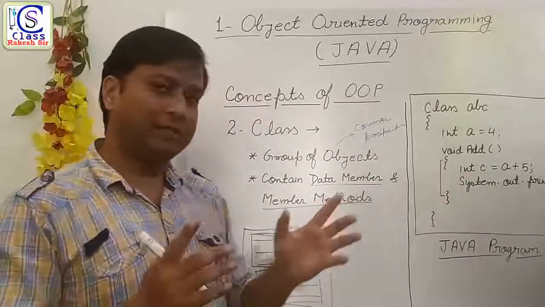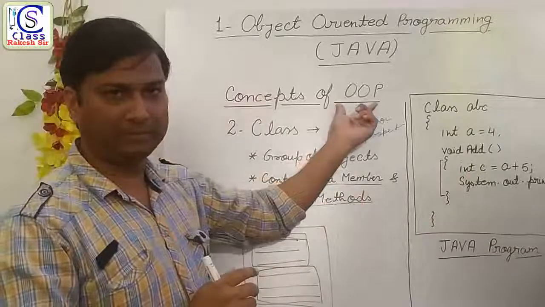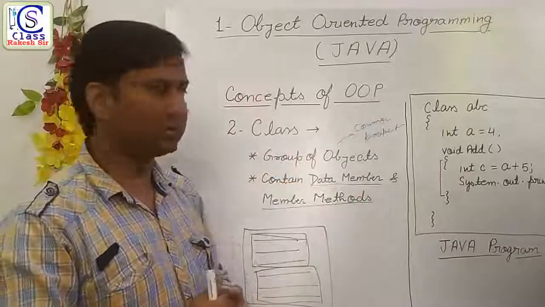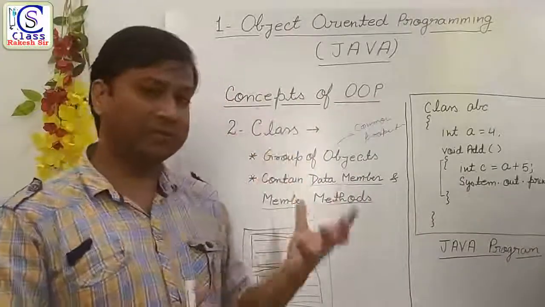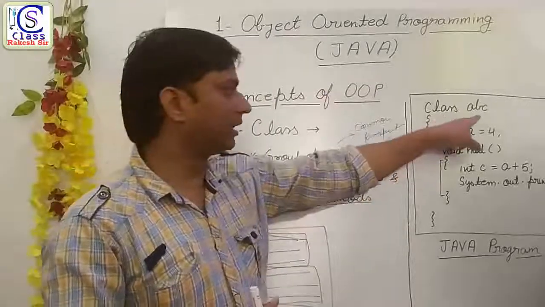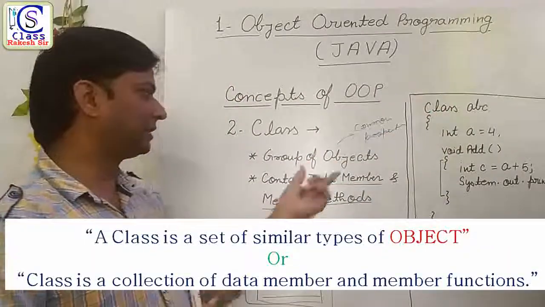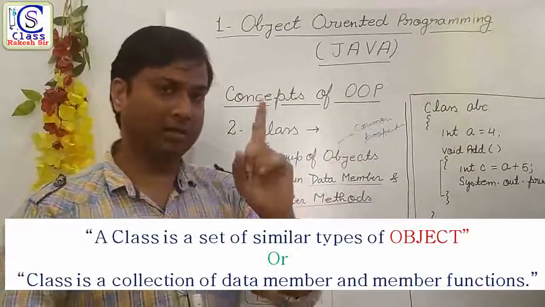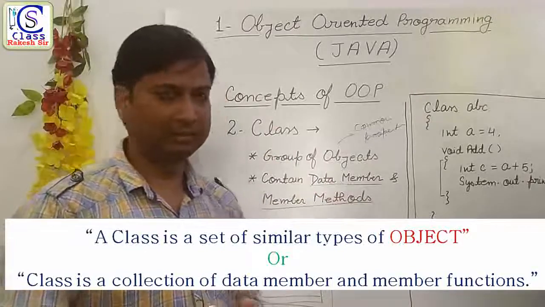So when you create a Java program, you have to use the object-oriented programming concept. According to this concept, first of all you have to create a class and give the class a name. And inside this class, according to the definition, there will be objects, data members and member methods. Getting it?